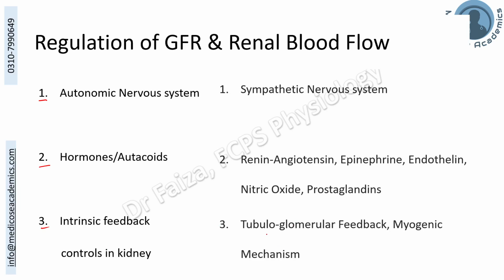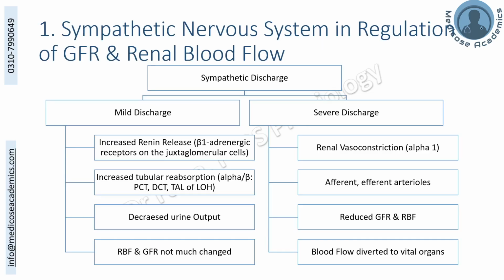We will look into the details of all these one by one, starting from the sympathetic discharge under the heading of the autonomic nervous system, which has a major role to play in regulating GFR and renal blood flow. In case of mild sympathetic discharge, what happens? It increases the release of renin from the juxtaglomerular cells.